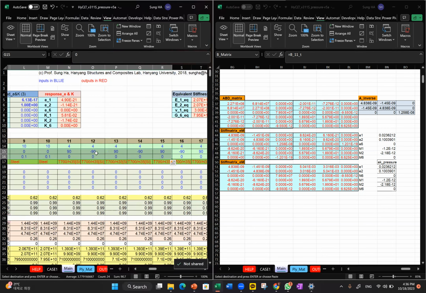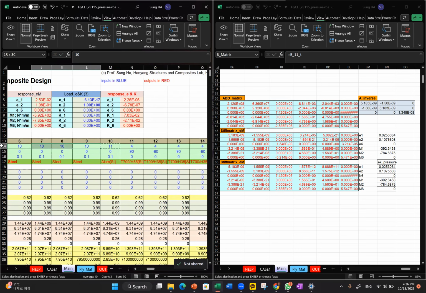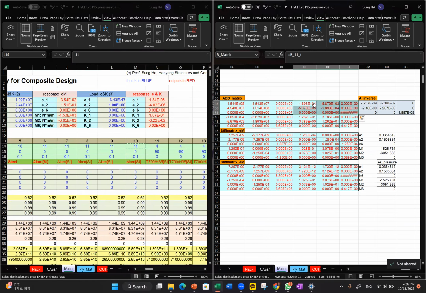Again, I will show you. This is the 11. As you can see, the order is different, and this is not zero. Notice that this is all symmetric. This term is the same, and this term is the same.